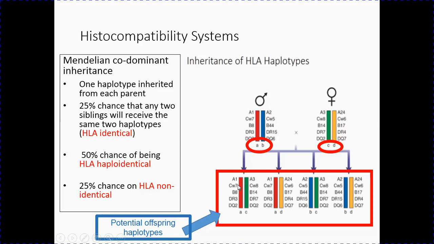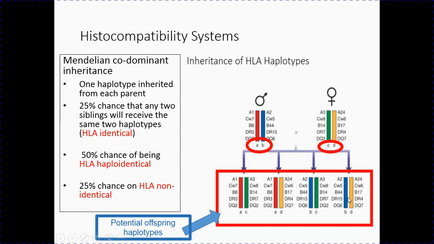There's a 50% chance that one of my siblings will be HLA haploidentical. And what that means is that we've inherited one of the 2 haplotypes the same as each other. So if we look at this again at our 4 possible outcomes, I'm an A and a C. There's one here that's an A, and a D, so that's not a match. This one has a C, and I have a C, so that's a match. It's a haploidentical match.